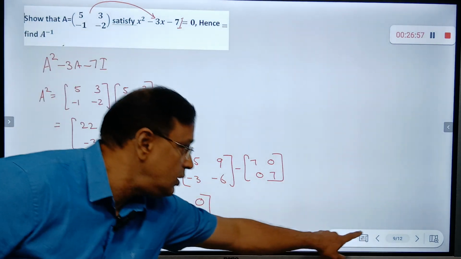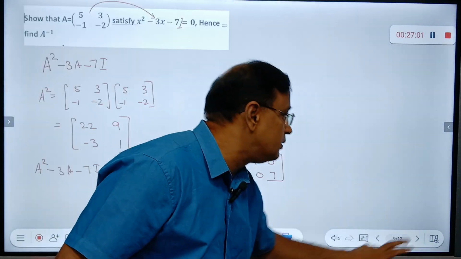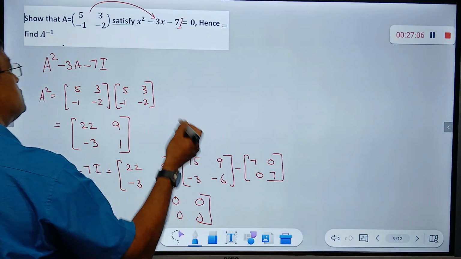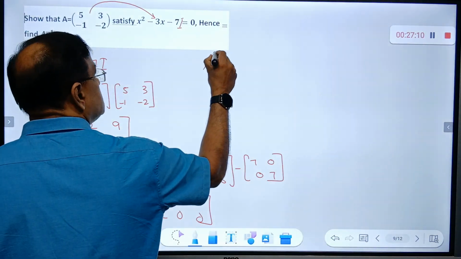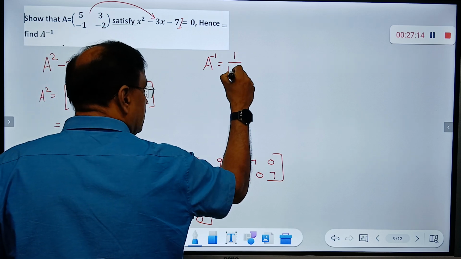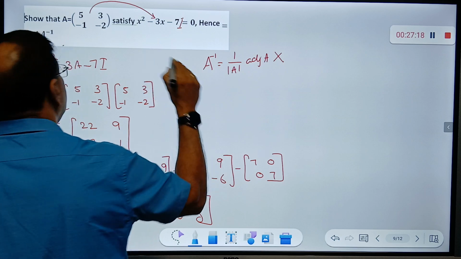Same way, only you have to do the previous question. Since it is a 3 by 3, I left it. A 2 by 2 is easy for me. Now how to find A inverse? You cannot find A inverse using the adjoint method. Okay, this is not allowed. So what do you do?